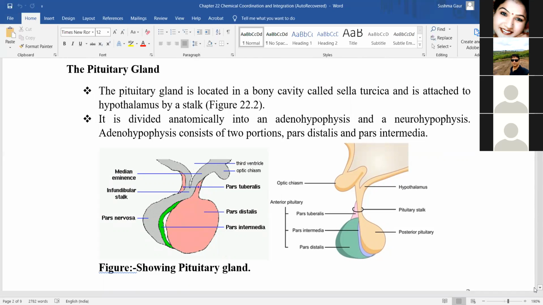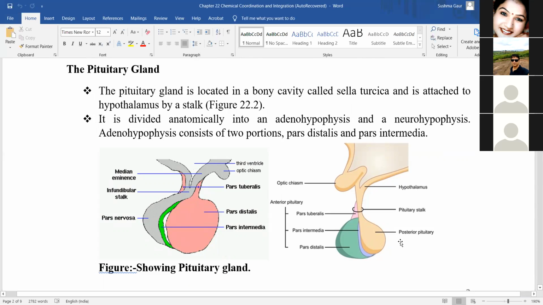So the second gland is the pituitary gland. How does this pituitary gland look? I have added two diagrams for it. It is divided into three regions. This pink color region is known as pars distalis.